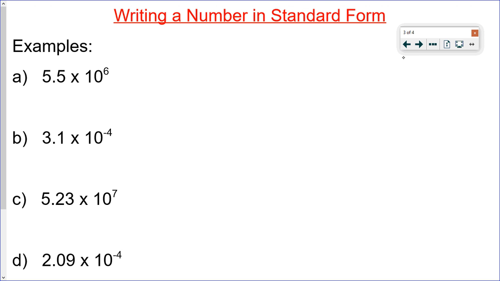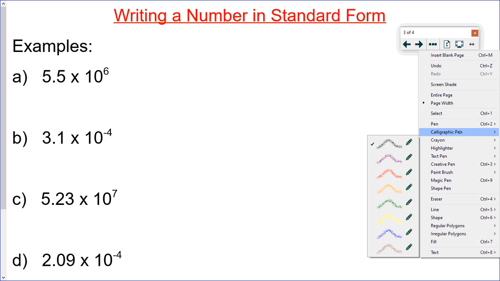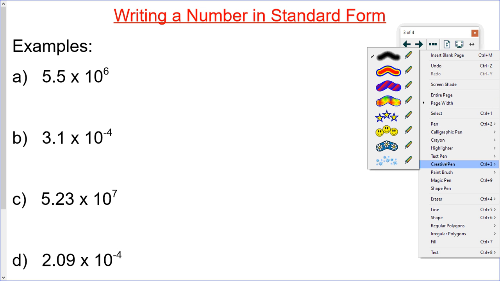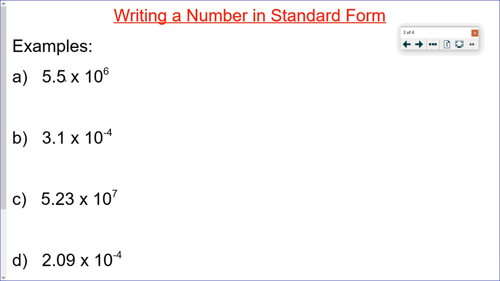So let's go from scientific notation into standard form. What does this number really represent? Well, let's think about what it says. I'm going to work this out, and then I'm going to show you an easier way of doing it. So this says 5.5 times 10 to the 6th. If we want to know what that is equal to, can't we just do 5.5 times 10 to the 6, which is a 1 followed by 6 zeros.